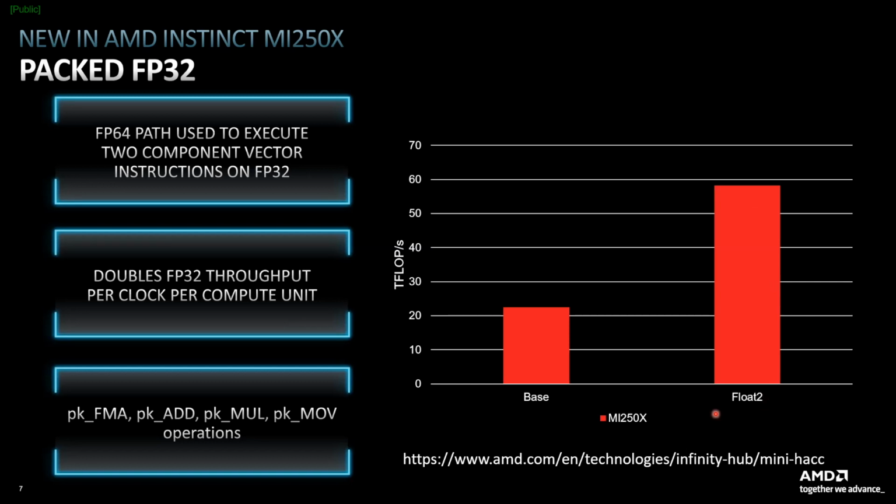So some new packed instructions for matrix multiplications are supported and improve the performance significantly. And the HACC code hit 43 teraflops in some cases, and is quite strong, as you see.